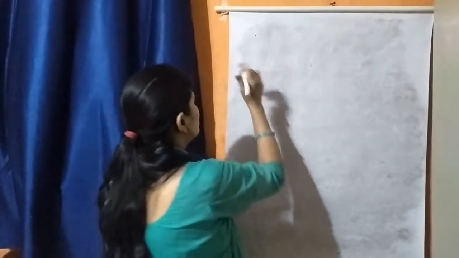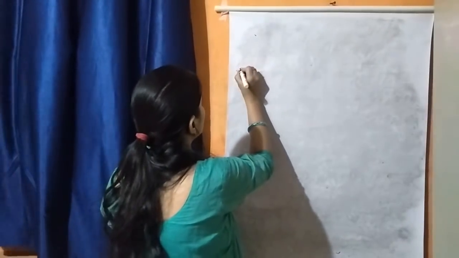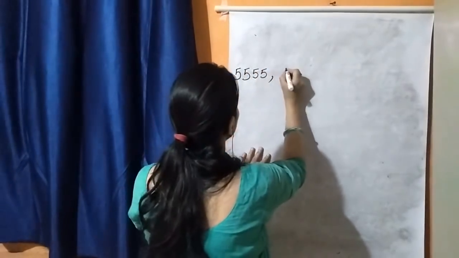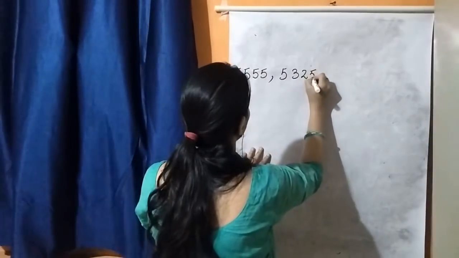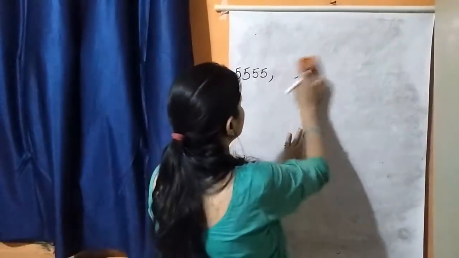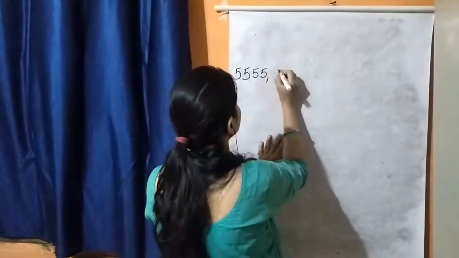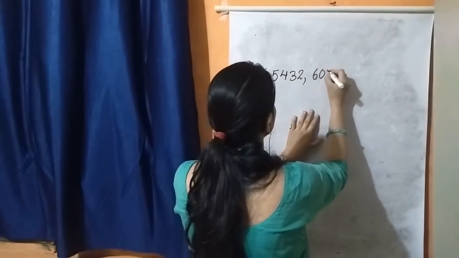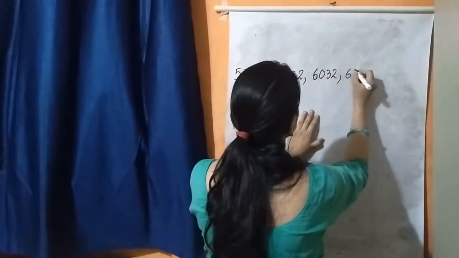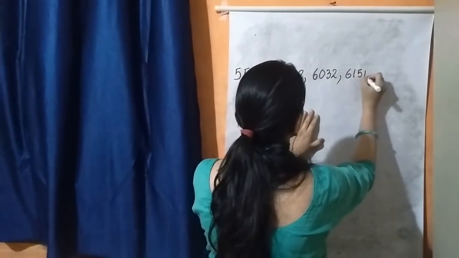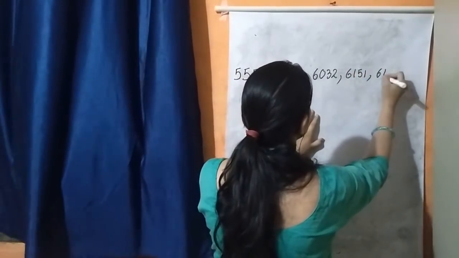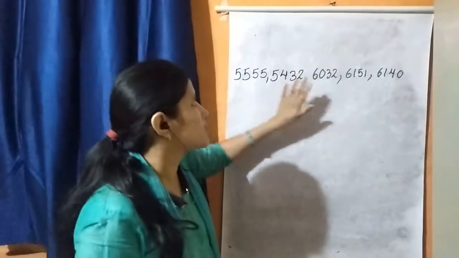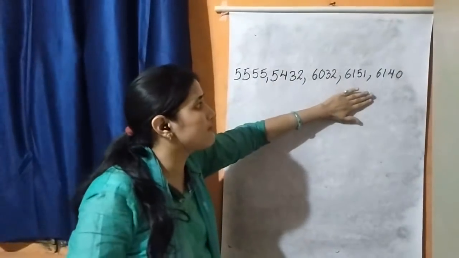So we will take 5 four-digit numbers. See, we have to compare these 4-digit numbers.